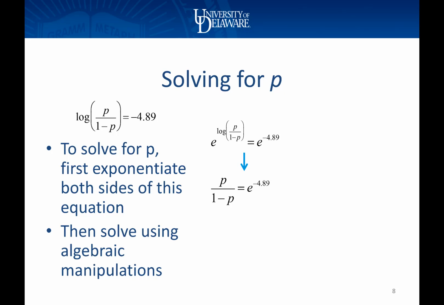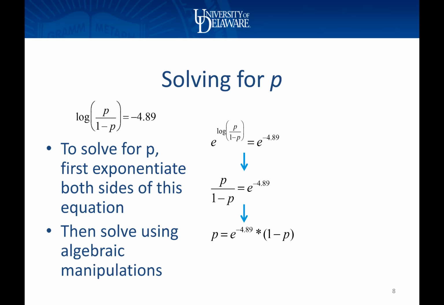Now, e is a number. It's 2.718 something, and there are infinitely many decimal places after, but it's still a number. A number raised to the power of another number is just a number. So the right-hand side of this new equation is just a number. And we have p over 1 minus p equals some number.